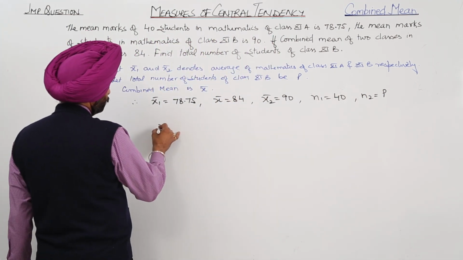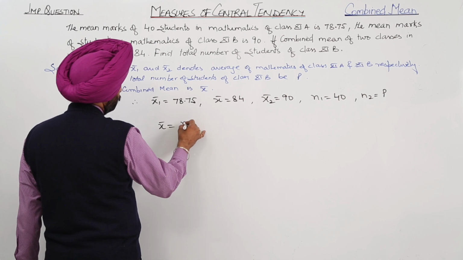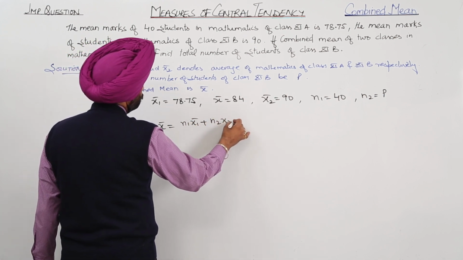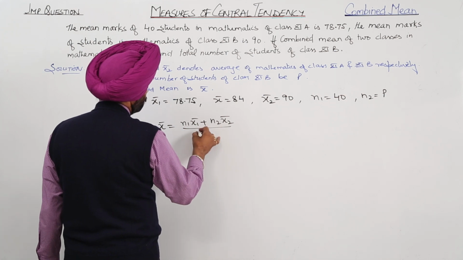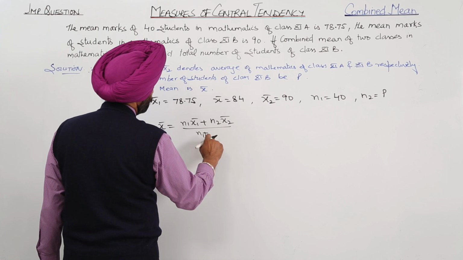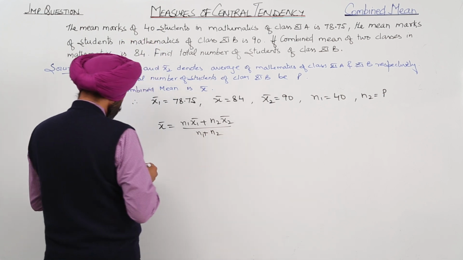Now the formula is n1 x1 mean plus n2 x2 mean upon n1 plus n2. Okay.